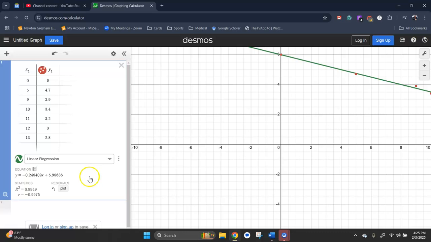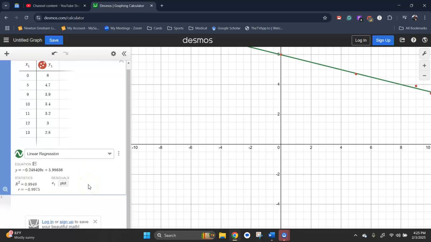So click on linear regression, and we now have the linear regression model. We also have this information, R squared and R, and this is telling you how closely this model, this function, approximates the data set. I'll talk briefly about that in just a minute.